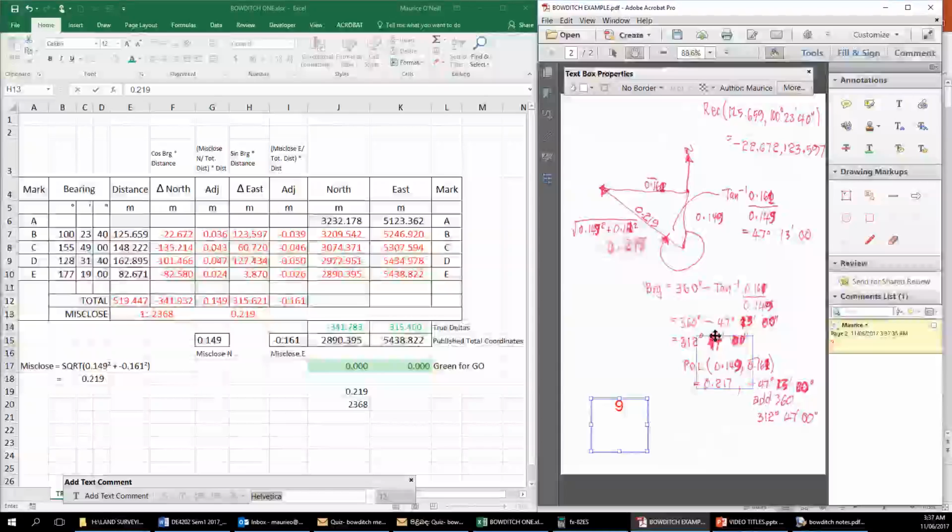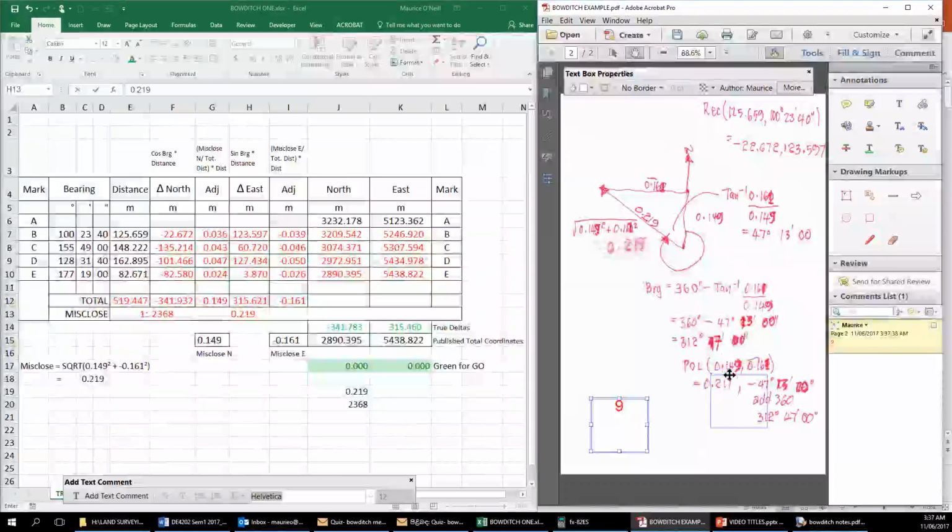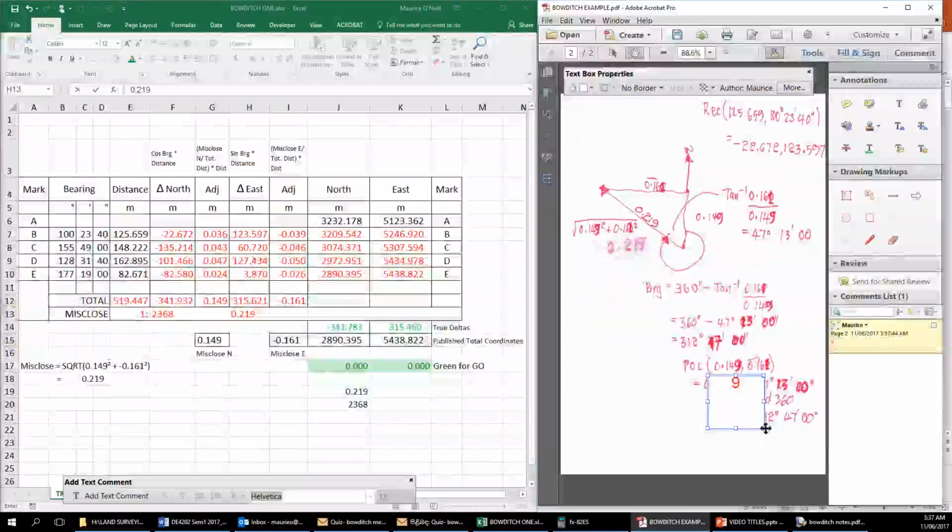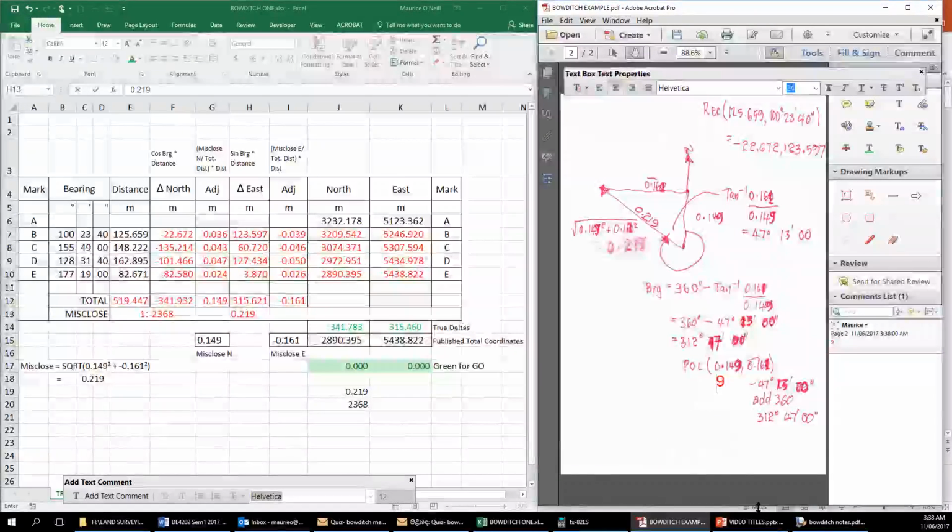And I'll move that 9 to there. Equals 0.219.